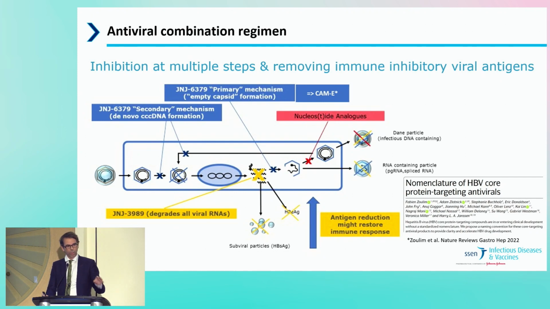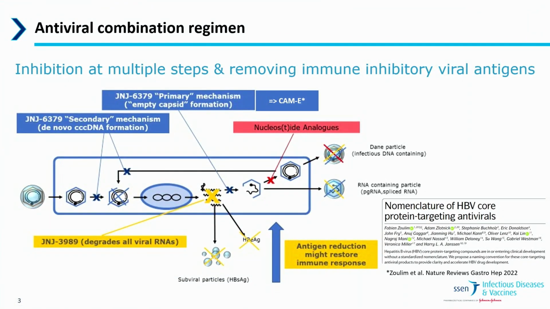Obviously we had a red box, nucleoside analogs, and two blue mechanisms of action for the capsid assembly modulator 6379, and planning. In particular, further to the left, we expect the blocking of replenishment of cccDNA, which was an interesting target and an interesting question, and made it into the design of our phase 2b study, Reef-1.